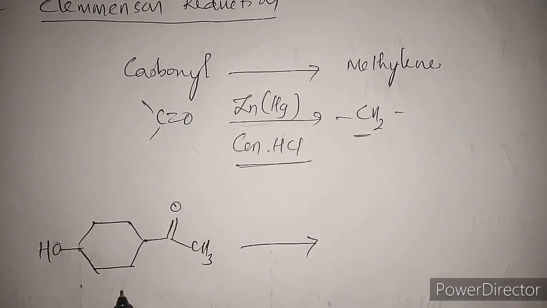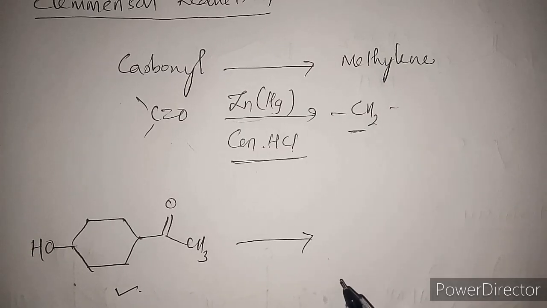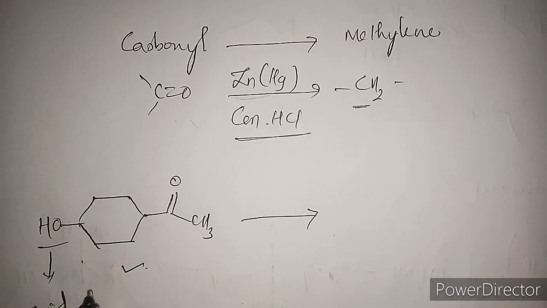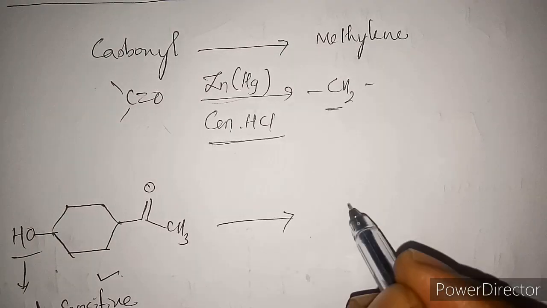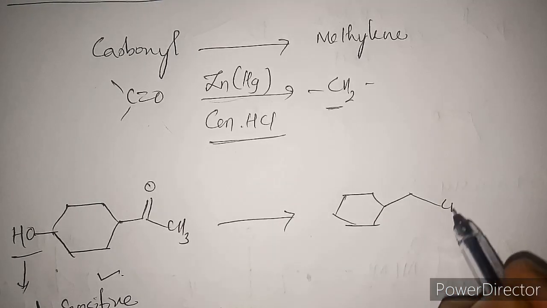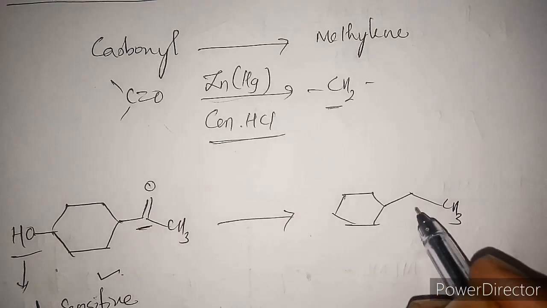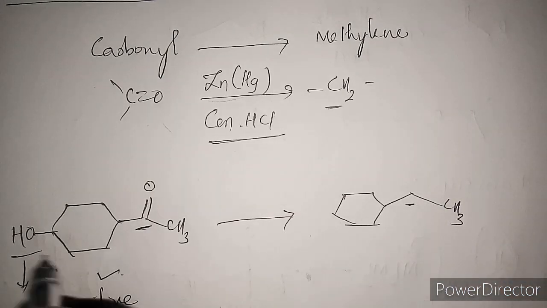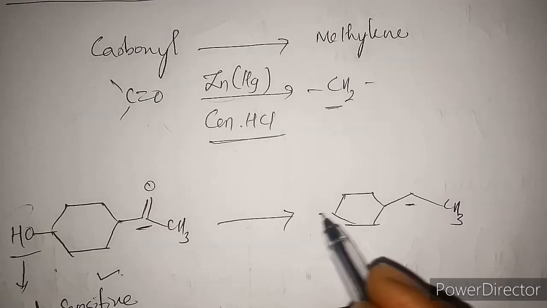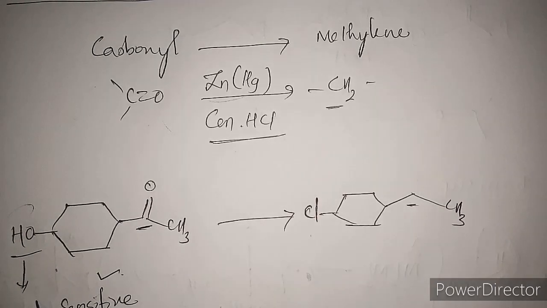So for example, if you take this example, and this is an acid sensitive group. So what will happen is that it will carry out the reduction process. So this group is reduced. Okay, this group is reduced, but this group will also react with the acid, that is HCl, and it will be replaced with Cl.